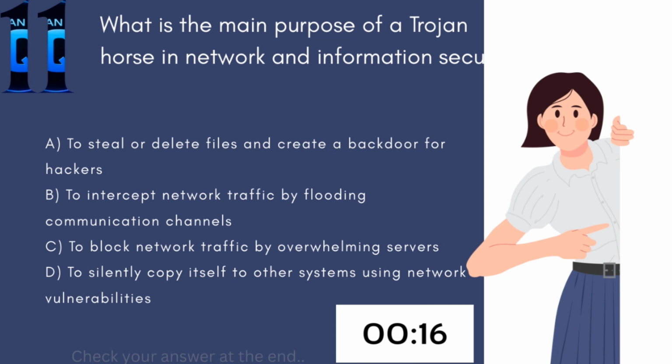So, as we wrap up, remember that Trojans are mainly about deception and unauthorized access, tricking users into installing malicious software that then opens a door for hackers. This ties directly into our overall theme of understanding different threats and how to protect our networks.